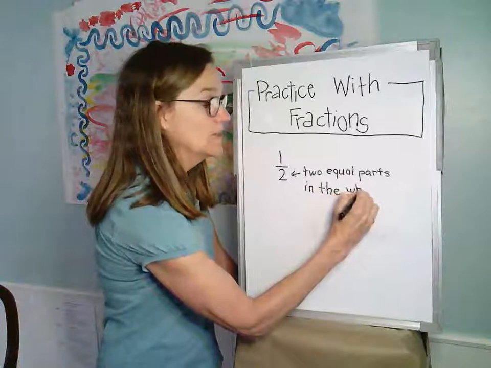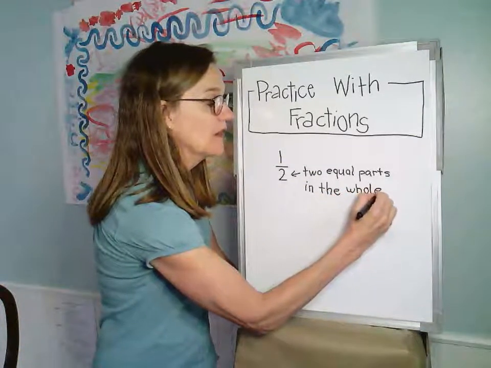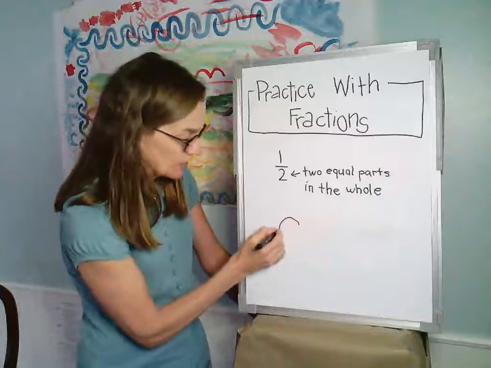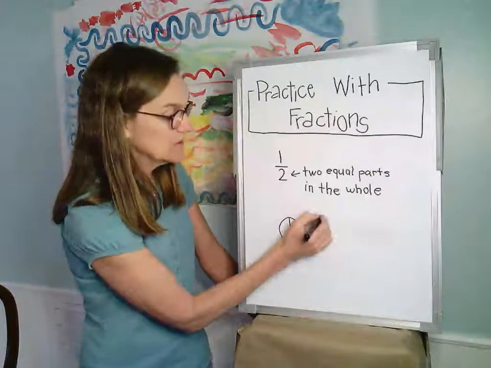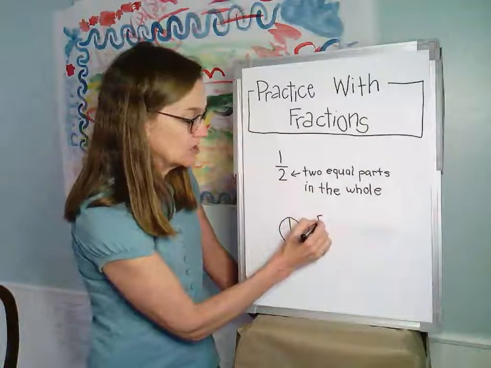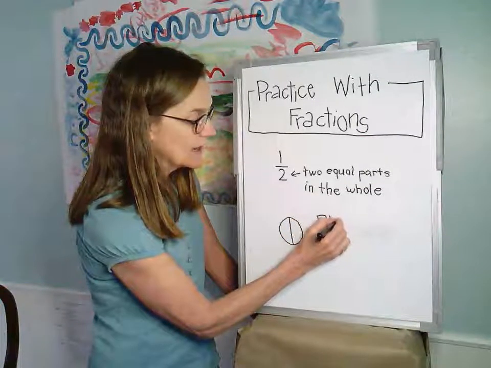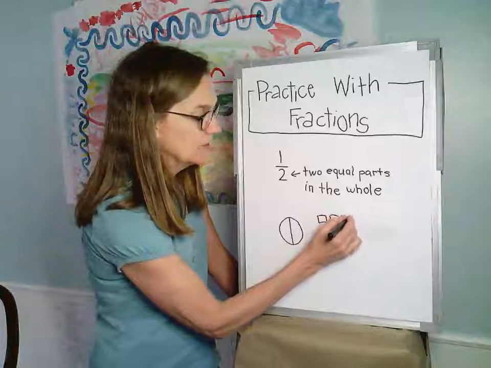And that could be 2 equal parts of a shape, like a circle, or if we had a whole bunch of shapes, let's just maybe draw some quick squares or rectangles.